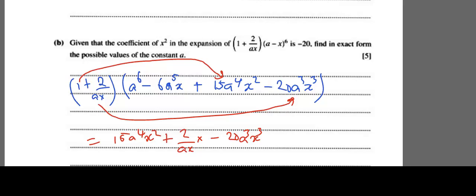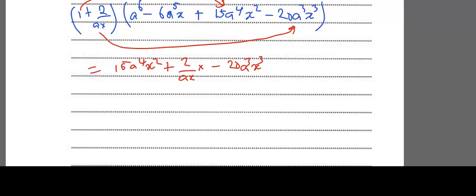So this will give us 15 a power 4 x squared minus 2 by negative 20 becomes negative 40 a squared x squared. So the coefficient is 15 a power 4 minus 40 a squared.